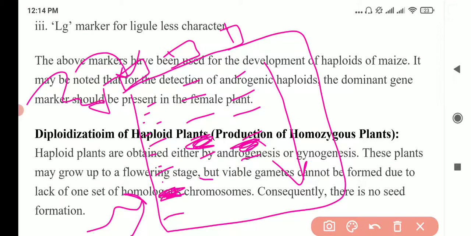Okay, so then let's say the DNA from plant number 3 didn't show any marker, but DNA from plant 1 had a marker for the ligule-less character, LG.